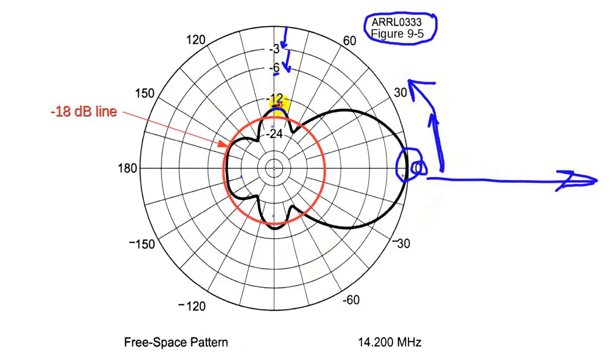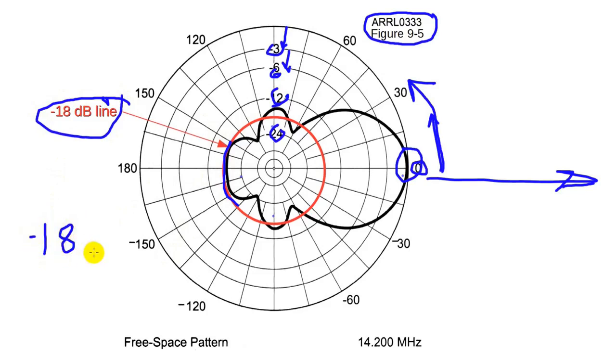It shows -3, 6, 12, and 24. I went ahead and drew in the -18 dB line in red. Our back lobe is halfway between -12 and -24, so we can estimate it as being about 18 dB down relative to the front lobe.